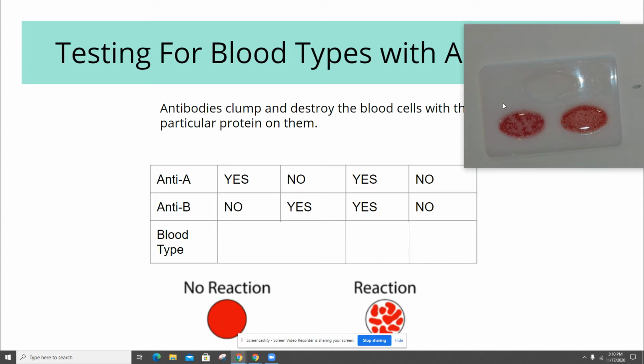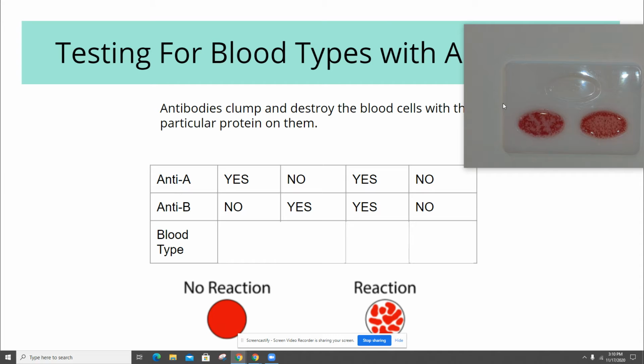And so here is a picture of what is happening if you have a clumping reaction. When you have the wrong protein and you have those antibodies together, you'll get this kind of clumping reaction. So this is a really good picture of what that clumping response looks like.